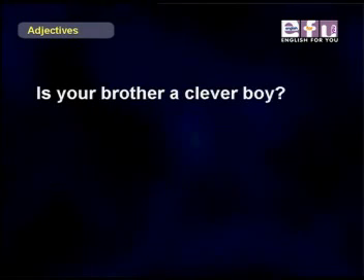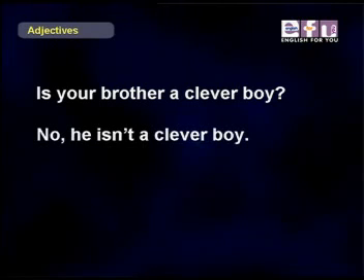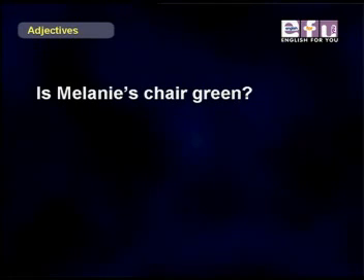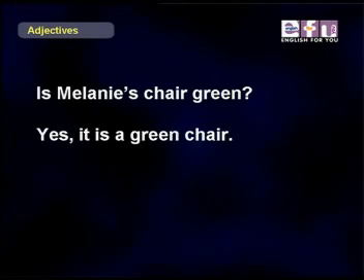Next example, is your brother a clever boy? No, he isn't a clever boy. No, he isn't clever. Another example. Is Melanie's chair green? Yes, it is a green chair.